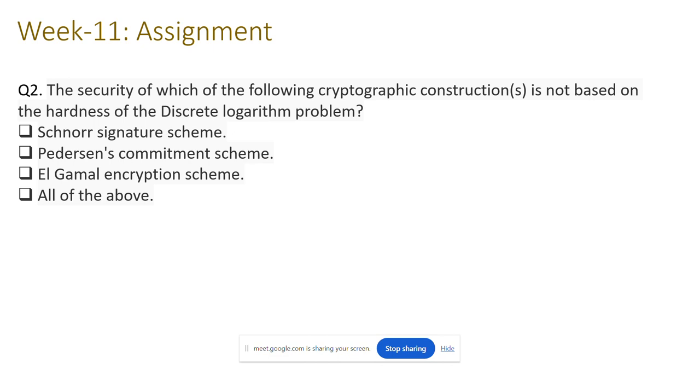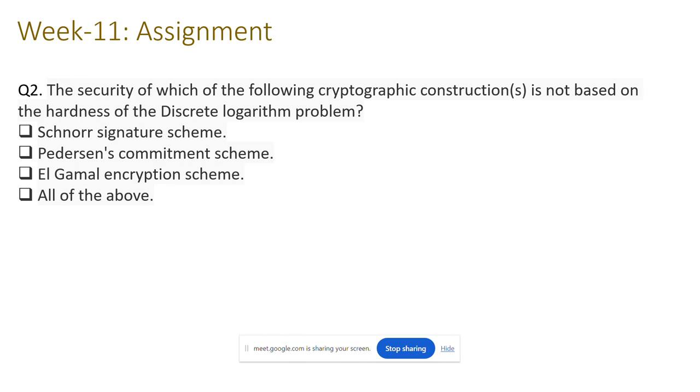The security of which of the following cryptographic constructions is not based on the hardness of the discrete logarithm problem? The given options are Schnorr signature scheme, Pedersen's commitment scheme, Elgamal encryption scheme, and all of the above. I think this question was probably discussed last week also. So would anyone answer? Right.